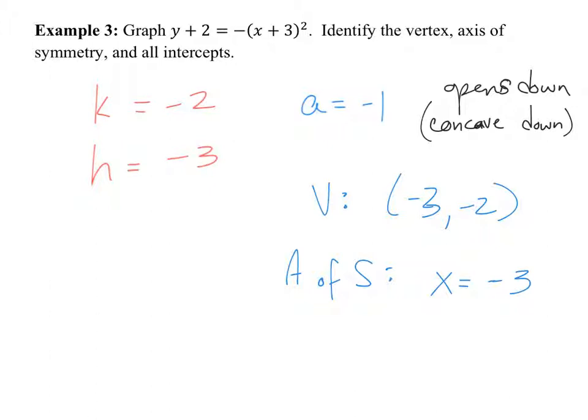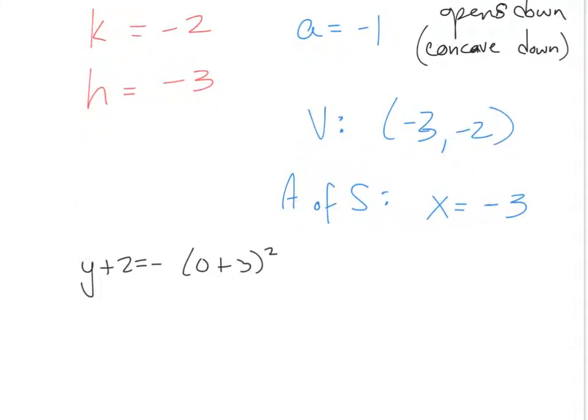Next, I need my intercepts. The y-intercept is much easier to find. Find that first. To find the y-intercept, set x equal to 0. What do I get for the y-intercept when I do that? What do I get for the y-intercept? Well, -11.